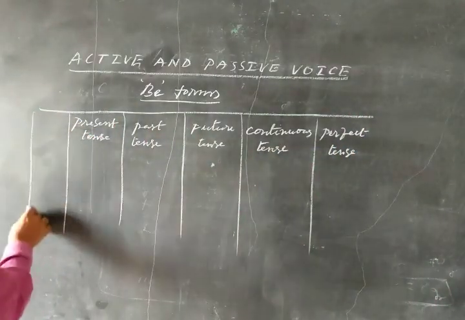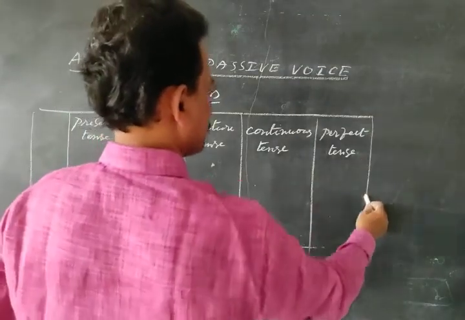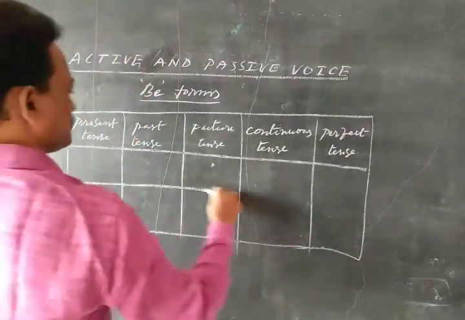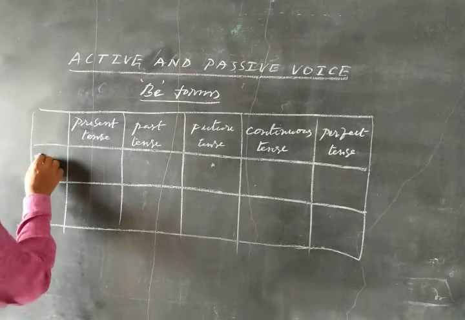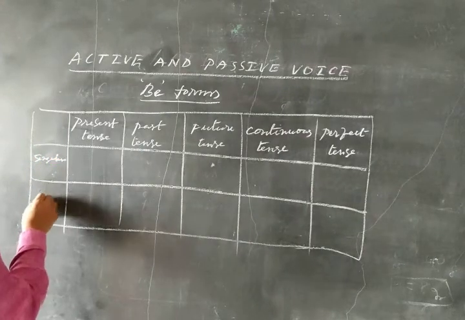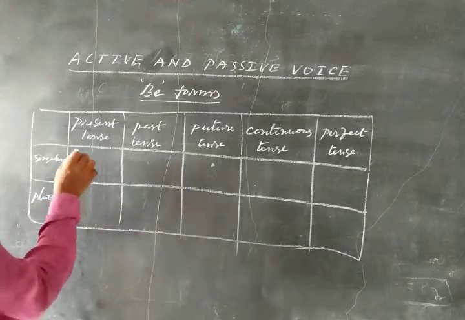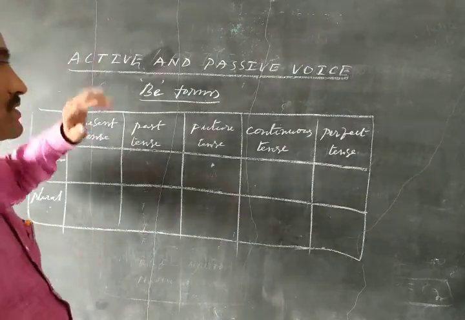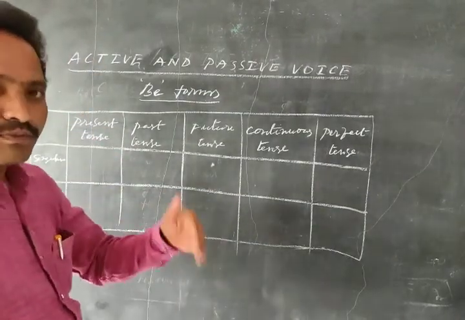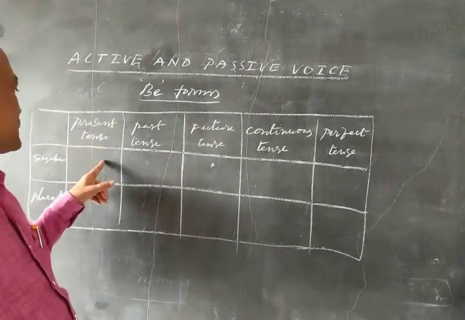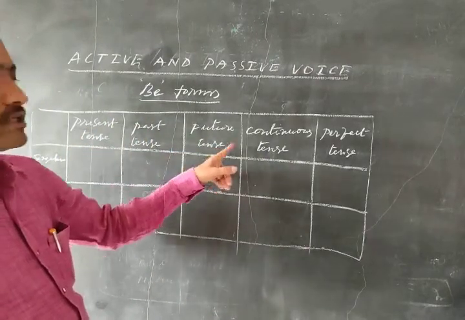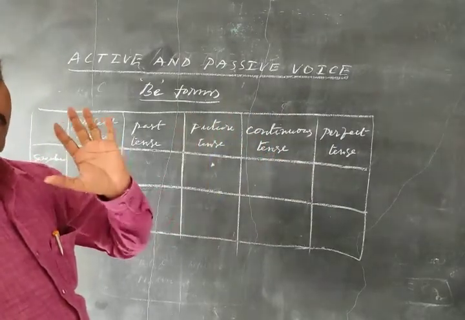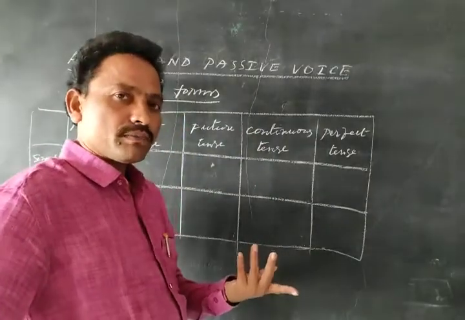You must learn this table also. Here singular, this is plural. This is a be forms table, because be forms in all the tenses are not the same, they change. Present tense, past tense, future tense, continuous tense. This continuous tense means present continuous, past continuous, but not future continuous, because future continuous has no passive voice.